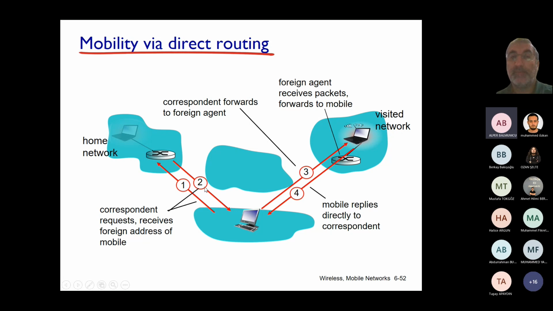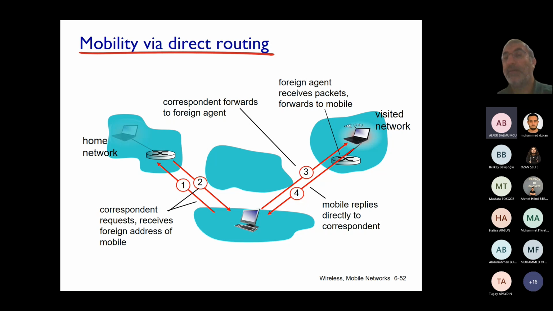And then the home agent is going to send this care of address of mobile to the correspondent, to your friends. So now the correspondent has your care of address, so it doesn't have to go through the home agent. So it sends directly to the mobile device through the foreign agent, of course.